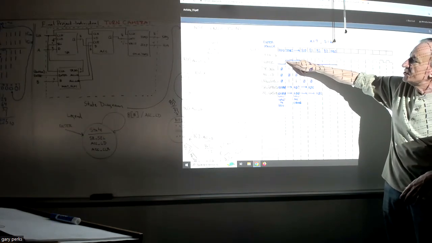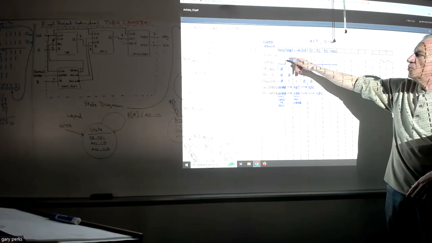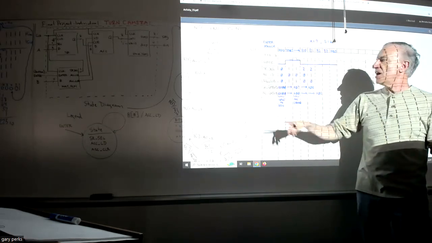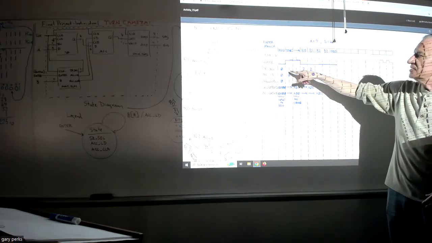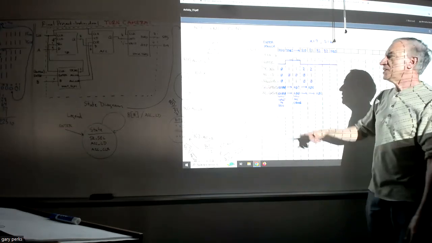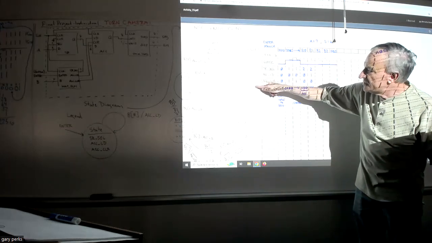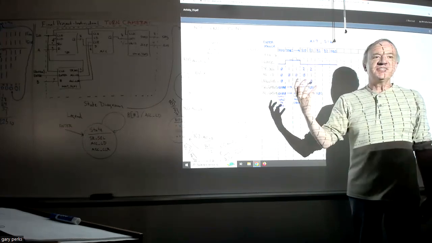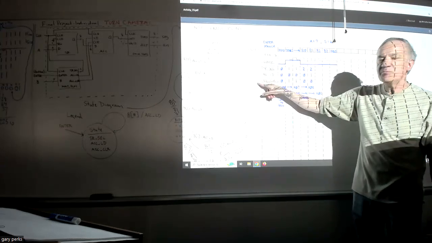So you see here when enter goes to a 1, because the enter is asynchronous, it doesn't depend on a clock. So you would immediately go into that start state. But the thing to remember is that these inputs that we have here, they are synchronous, right? So these do depend on the clock.